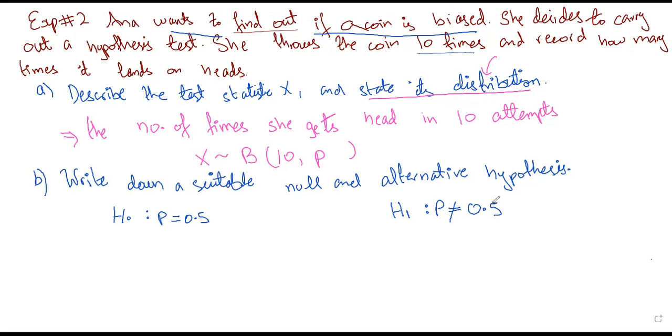In the previous part, Sanjeet rolls a tetrahedral die which he thinks is biased towards 1. So we wrote in the alternative hypothesis that the probability of getting 1 would be greater than 0.25. But now the question says that she wants to find out if it is biased or not. The question does not say it is biased. So this is why we will write not equal to 0.5. All we know is that it would not be what we are expecting, which is 0.5 in the null hypothesis.